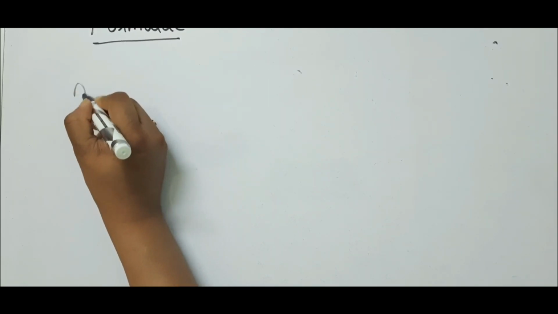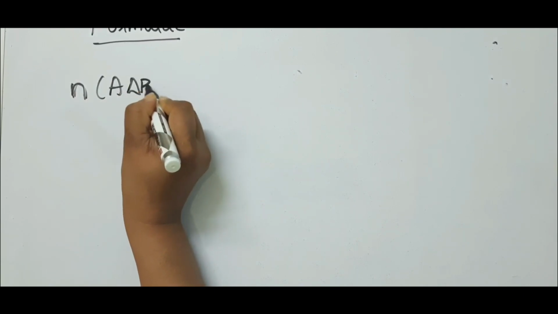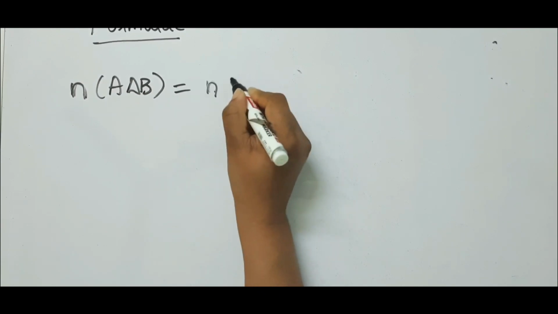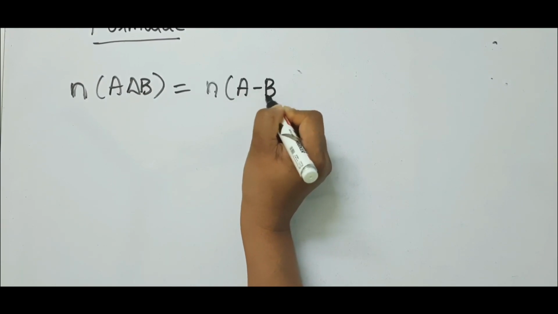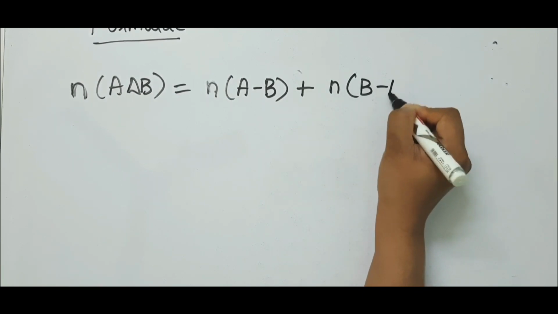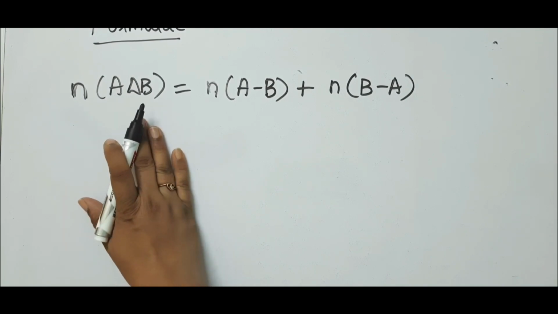So if you want the number of elements of A del B, the number of elements of A del B is nothing but the number of elements in A minus B plus the number of elements in B minus A. Is it not? Because it is symmetric difference.